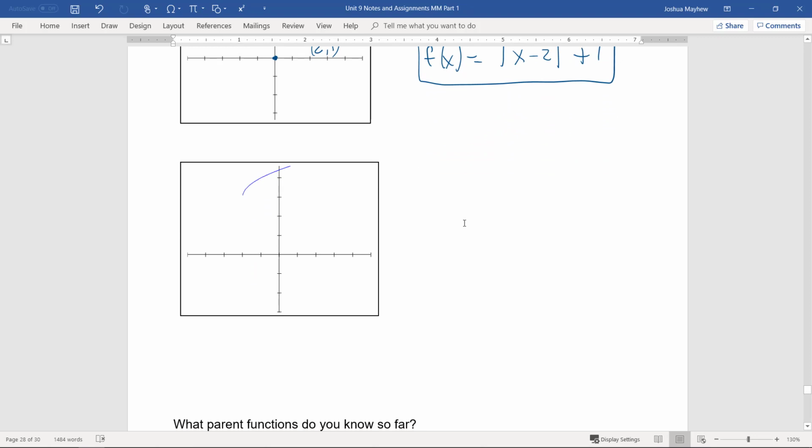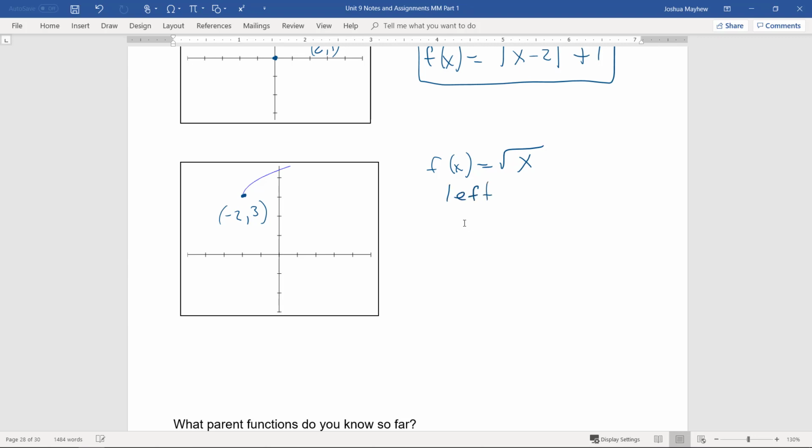All right, let's look at the next graph. So not absolute value, it looks like a square root graph. Okay, square root graph. And it definitely has a starting point right here. So I want to know what that starting point is. So it goes left 2, so negative 2, and up 3, positive 3. Okay, so I know it's going to follow this form since it's a square root.